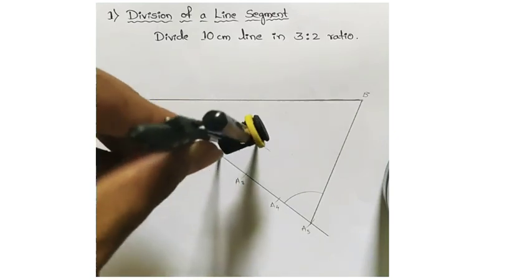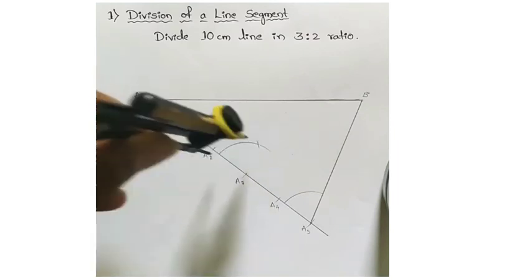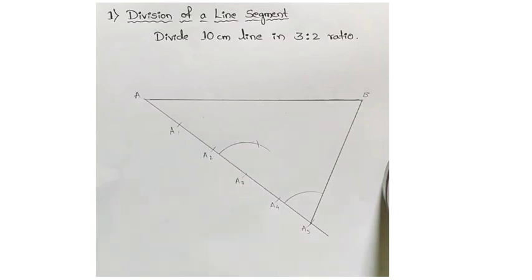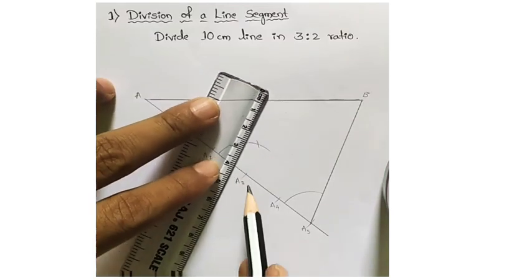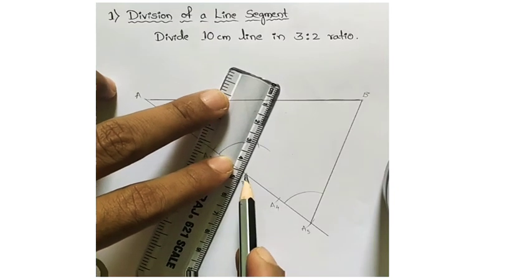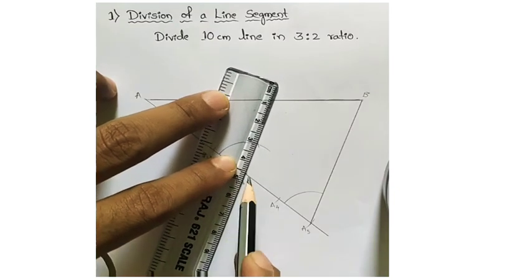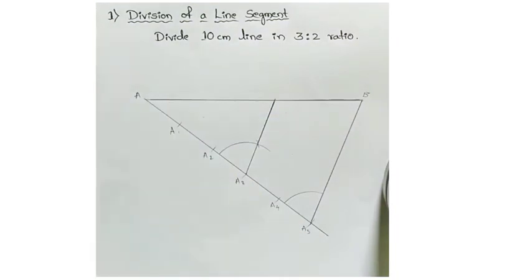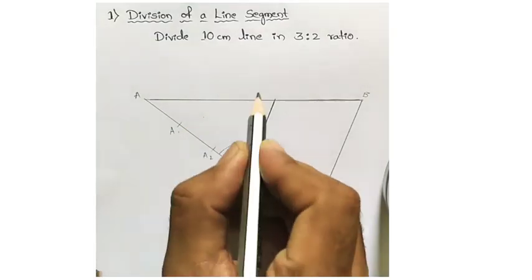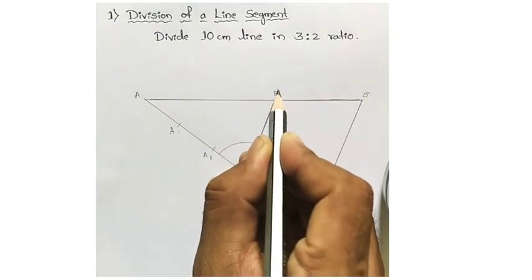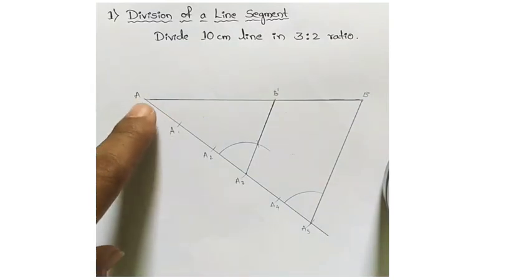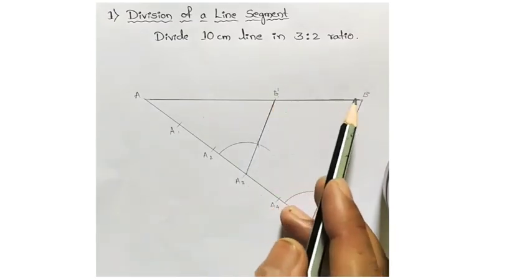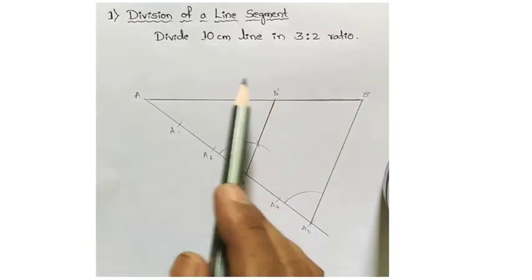See where I am putting. So like that you have to take the points. Okay. Here we will get a intersecting point. So through that intersecting point from A3 draw the line. Okay. So A3 let's take it as B dash. Okay, so our required A to B dash will be in the ratio of 3 is to B dash to B will be 2. So it will be 3:2.